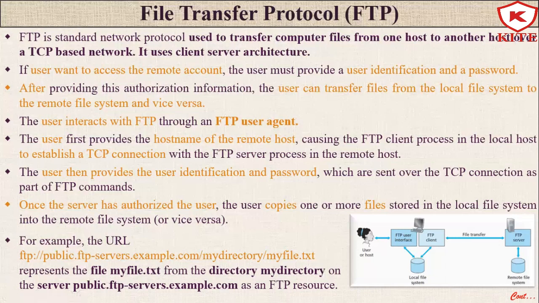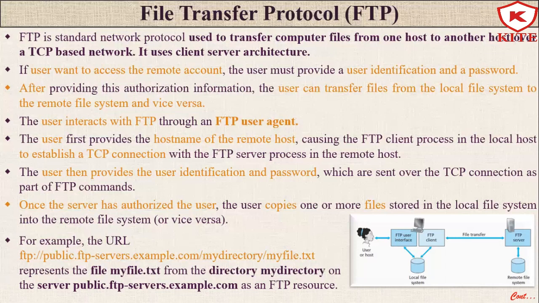Now let's discuss how the FTP protocol works. In this diagram, we can see that the user or host sitting in front of the local machine needs an FTP user interface. After providing the username and password, the FTP client process makes a TCP connection to the FTP server.